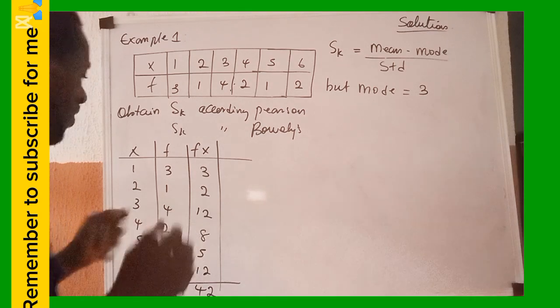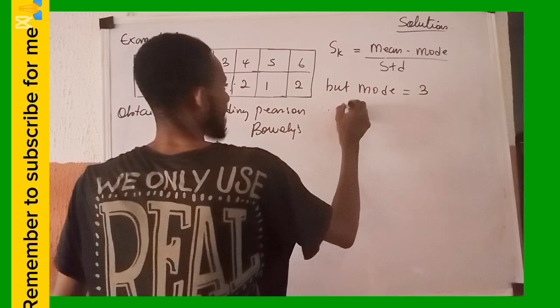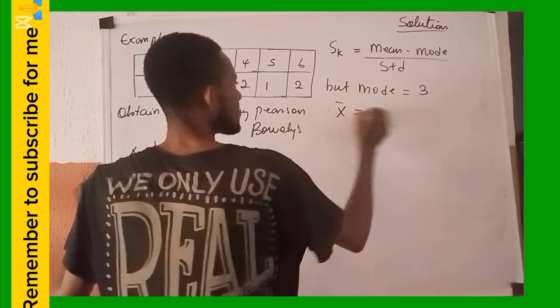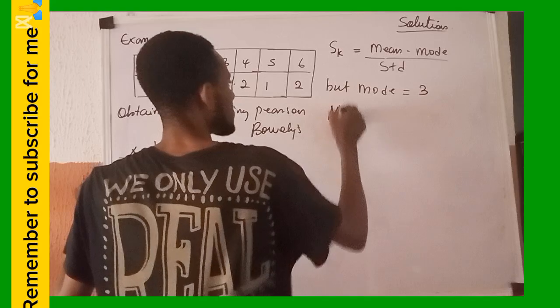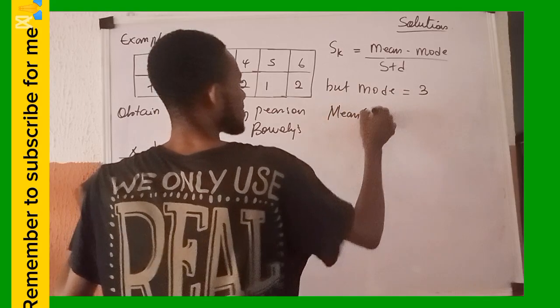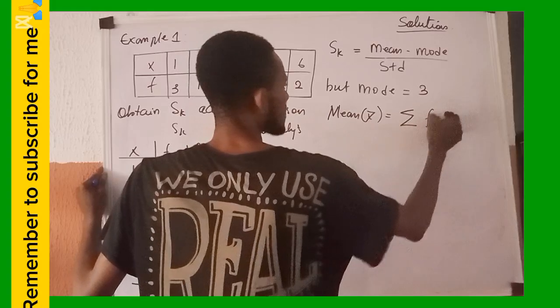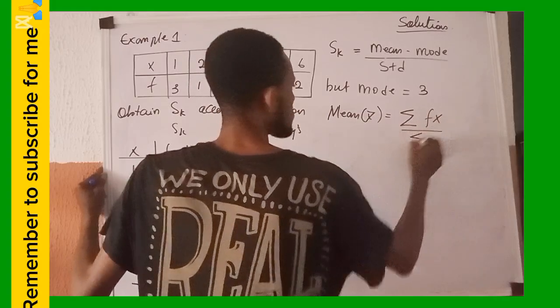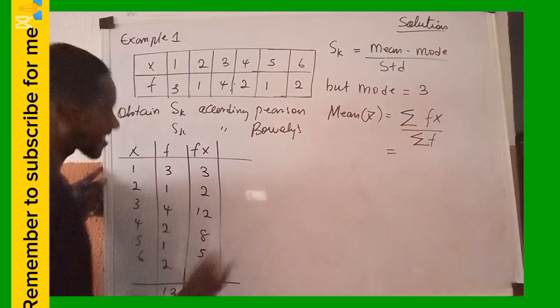Okay, so what are we now going to do? We now say therefore that my x bar, which is the mean, is given as sum of fx all over sum of f, which is given as sum of fx is 42.